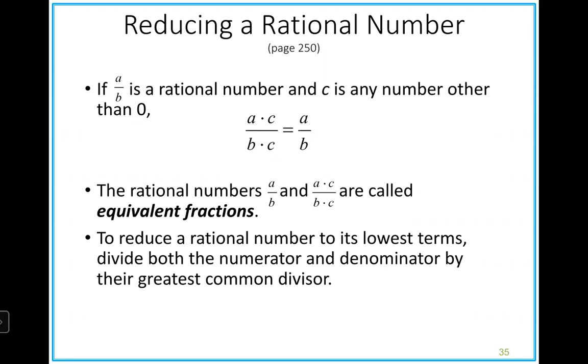A times C over B times C can be simplified to A over B. Because C is common, you could cancel out the C and reduce it to A over B. And it says here that the rational numbers A over B and AC over BC are called equivalent fractions. And to reduce them, we divide the numerator and the denominator by the greatest common divisor. That's how we reduce it.